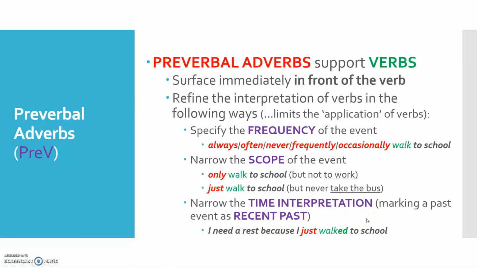So here we're limiting the scope of the interpretation of the timing of the event. Because in English, if you inflect a verb for past tense, that's not a very precise indication of time because it's just any point in history before now. So we can add precision and limit the scope by using the preverbal adverb just.